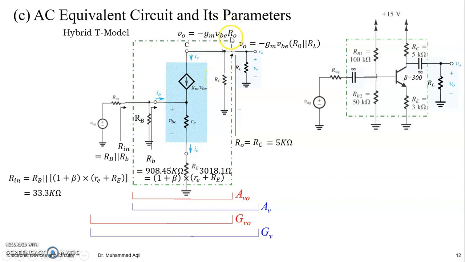So this is the current, right? So the product of these two will be the voltage here. But because this terminal is the current leaving terminal, that's why we need to put a negative sign. This is why we actually have an inverted signal at the output as compared to the input terminal, right?